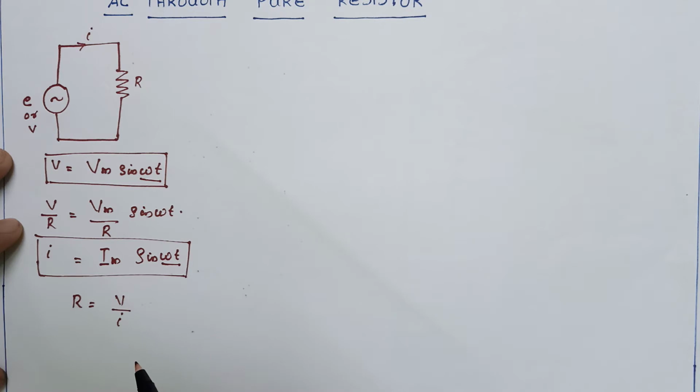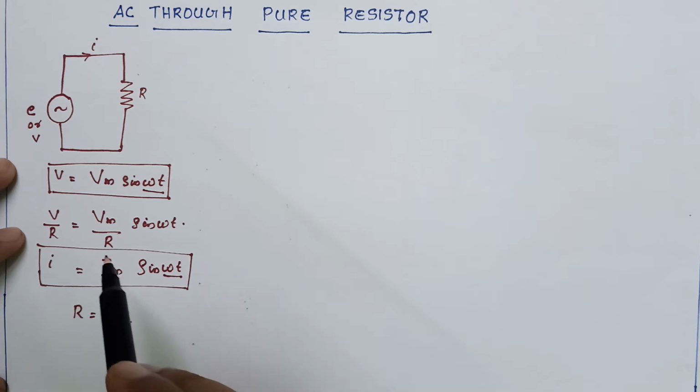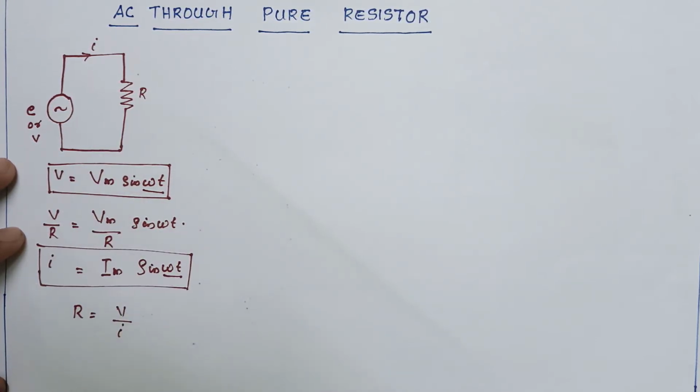So in the case of a pure resistor, when an alternating current or EMF is passing through this resistor, some current will flow through it, and the phase difference between this current and the voltage will be zero.